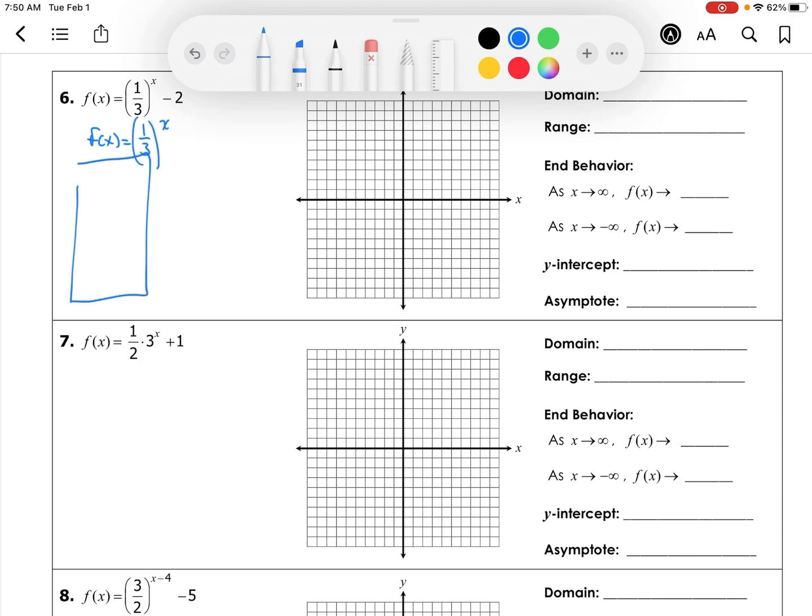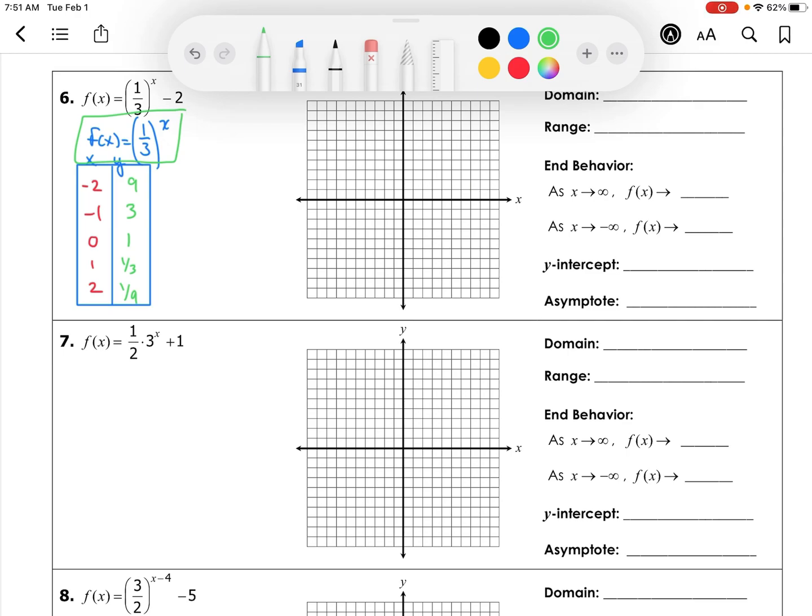We plot it just like we did before with our x's and y's. We would have some points, let's say -2, -1, 0, 1, and 2. Plugging those into that parent function, we would get 9, 3, 1, 1/3, and 1/9.